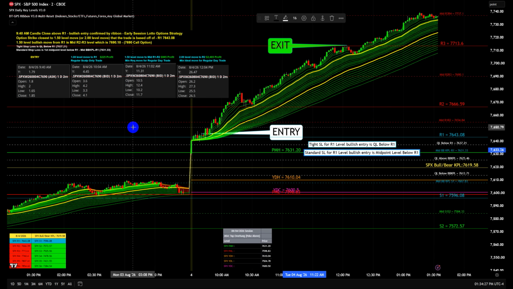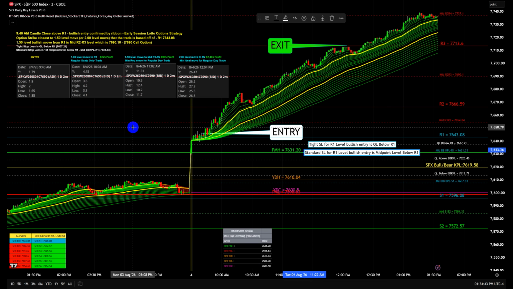So if you're only trading one contract, or less than 3 contracts, you definitely want to be out of these around noonish and not be holding on to them later in the afternoon.